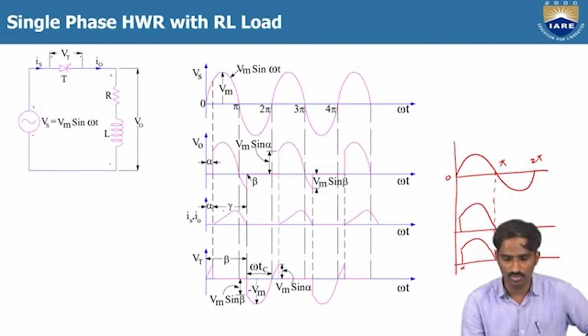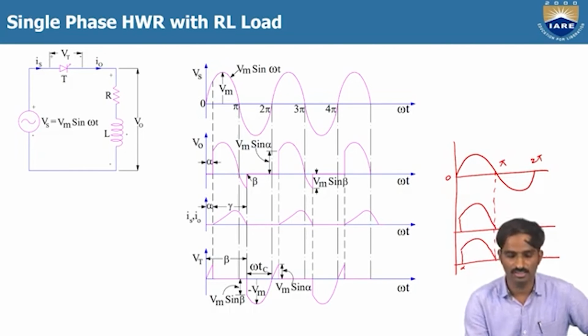But in the case of RL load, you can see that when the thyristor is turned on, the current is still 0 and it is gradually increasing. Even at pi, the current is still flowing through the load, but it becomes 0 when it reaches beta. Why does it not rise rapidly like in the case of R load?